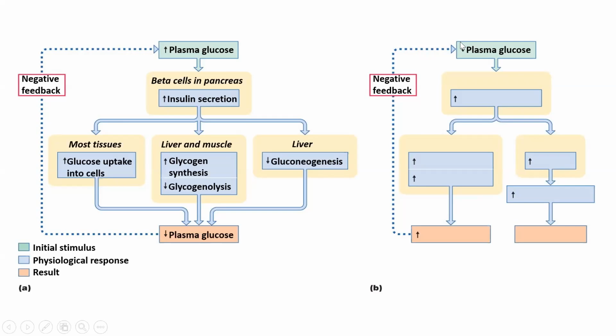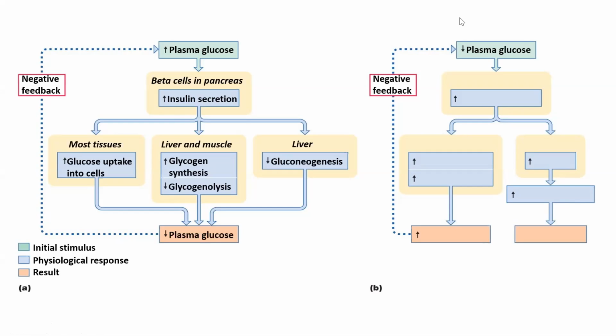On the other hand, glucagon is going to increase our plasma glucose, and the stimulus for glucagon secretion is decreased plasma glucose. So think about, again, you're going for a while, being in the fasted state, not having had a meal for an extended period of time. These are the types of functions that you're going to bring about.